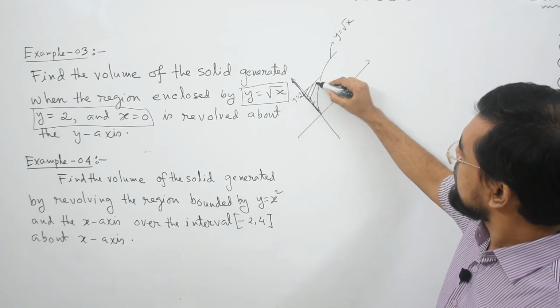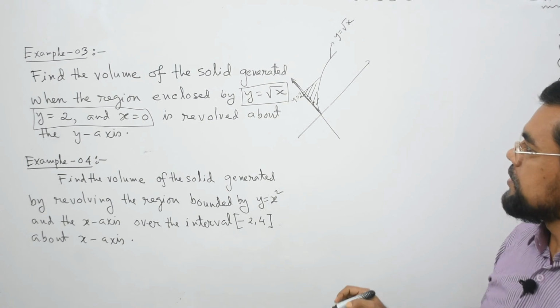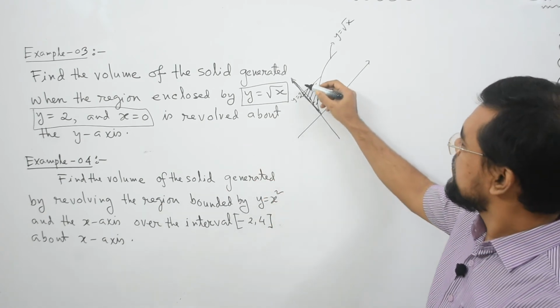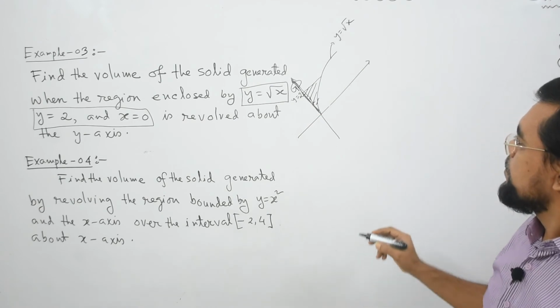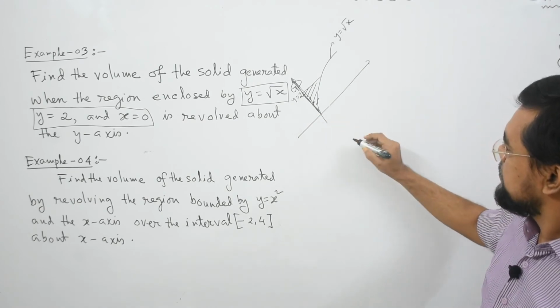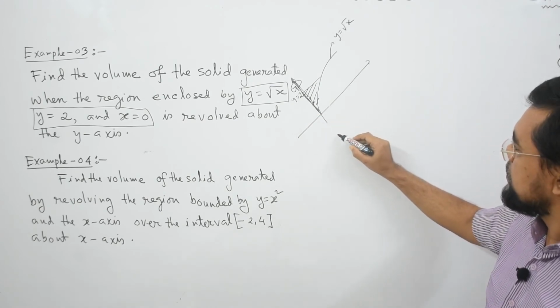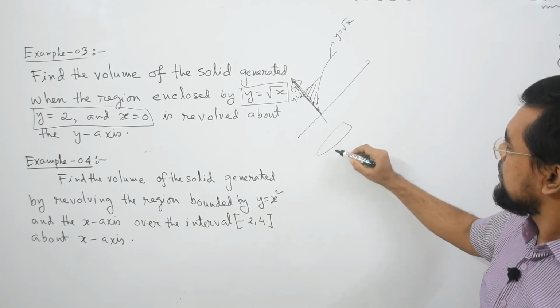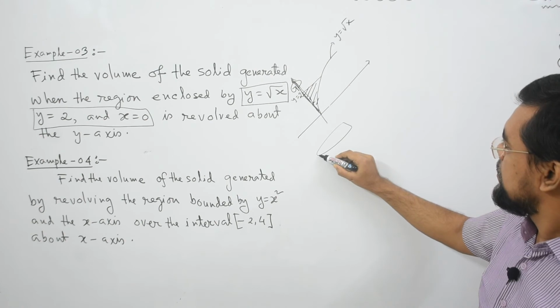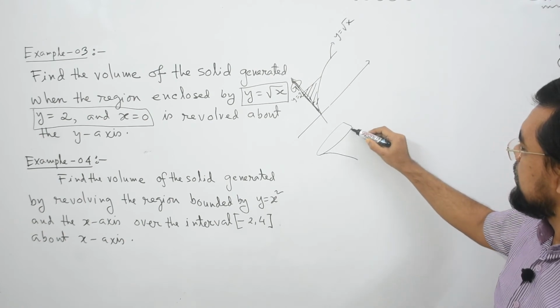So this region is revolved about the y-axis. If you revolve this region about the y-axis, then you will get a 3D solid like this.